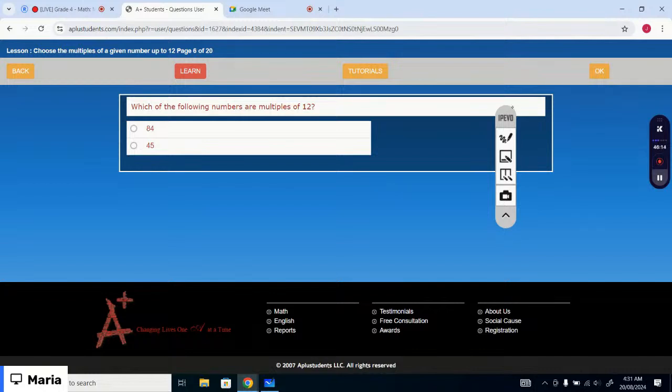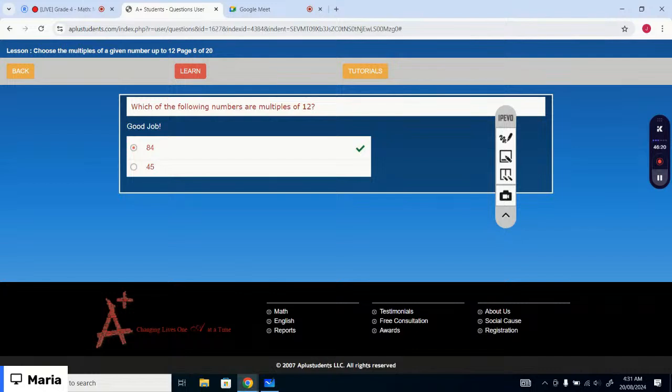That is 84. 12 times 7 makes 84. So option number 1 is the correct option. 84 is a multiple of 12.